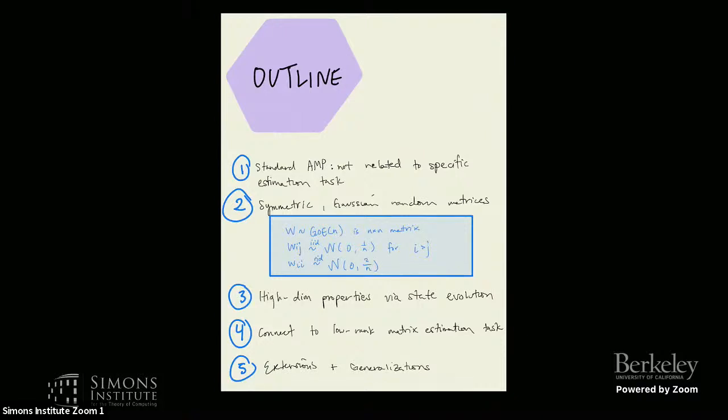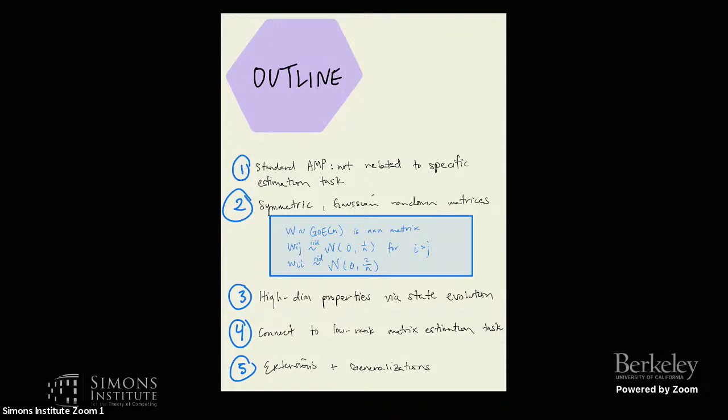Okay, so the outline for the talk, I'm going to start by just giving the standard AMP. I'll start with a symmetric recursion. So we're going to look at symmetric Gaussian random matrices, or GOE matrices. So in the first part of the talk, every W matrix is going to be an n by n matrix that's symmetric.